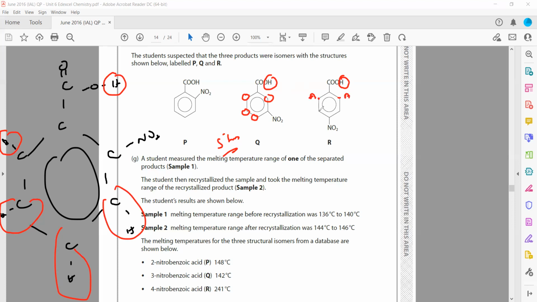I can say this is A, this one is B, and this one is C. So R has 3 hydrogen environments. P and Q will have 5 each, so they have an equal number of hydrogen environments and we cannot distinguish P and Q. We can distinguish P and Q from R, but we cannot distinguish P and Q from each other in low resolution NMR.